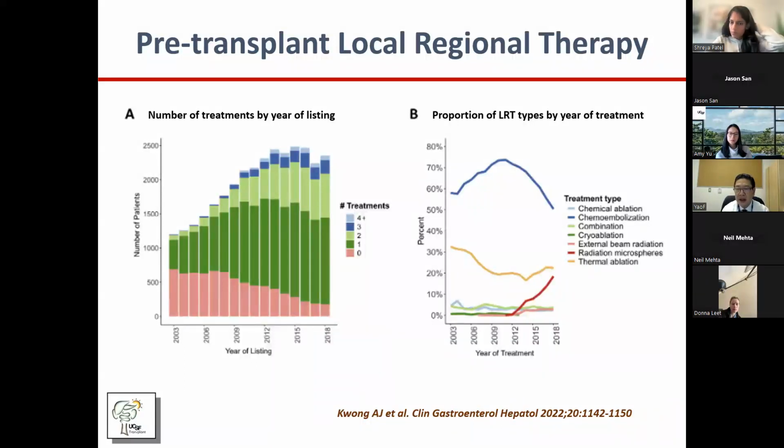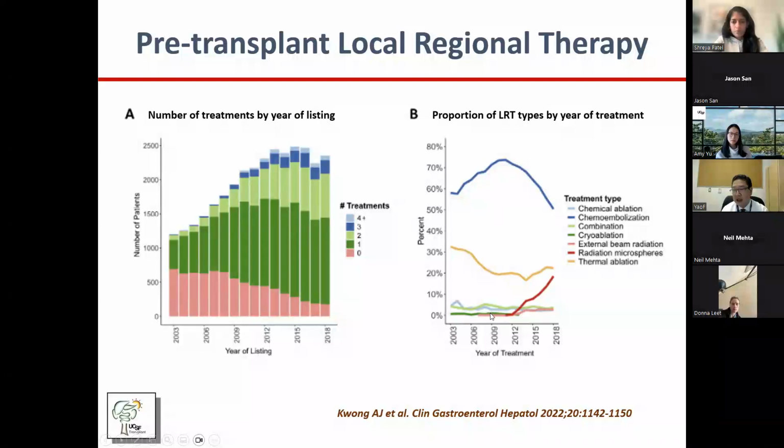This is a paper published by Ellison Kwong, who used to be a fellow here, who worked with Neil and myself. In this paper, just looking at the trend for local regional therapy over time, you can see that the pink area represents no treatment over the years. There is a greater proportion of patients receiving at least one treatment, and even higher proportion of those receiving at least 2 or more treatments.